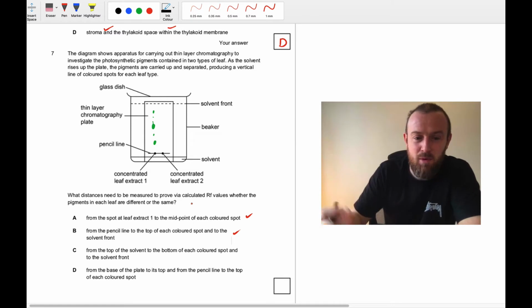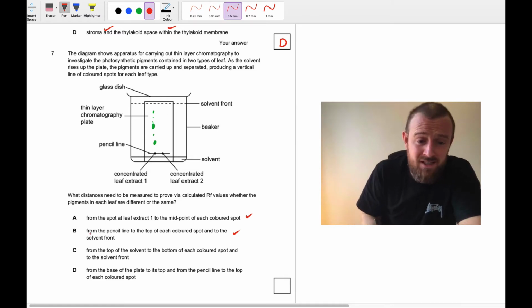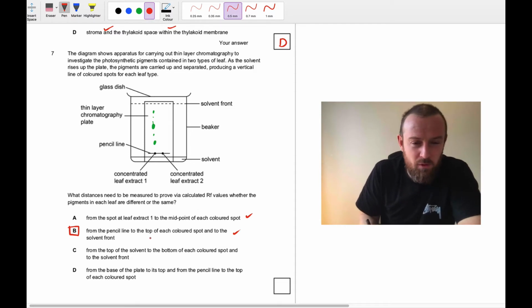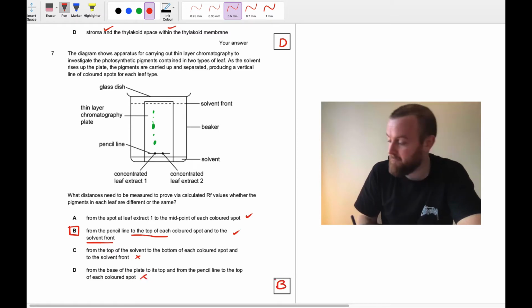We need to measure to the spot and to the solvent front. There's something I've learned, because I can never quite remember whether you're supposed to measure to the middle or to the top. So here it is from the exam board. You measure to the top of each coloured spot and the solvent front. It's definitely not the bottom. That's definitely not that one. So the answer is B, 7B.